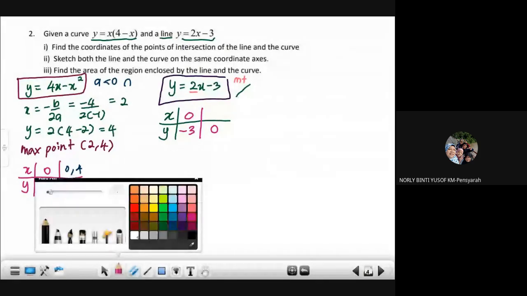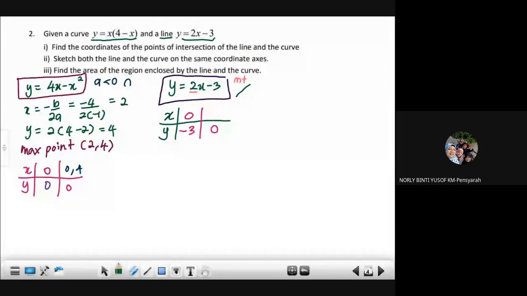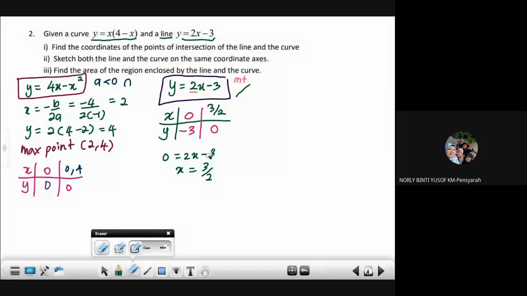Lepas tu bila y kosong, you masukkanlah kat sini 2x tolak 3, boleh tekan butang calculate, dan you akan dapat 3/2. Ataupun you nak buat manually pun boleh, 3 bahagi 2.